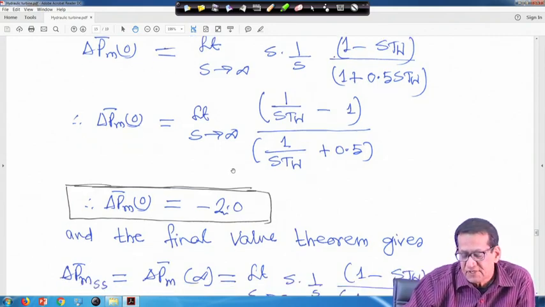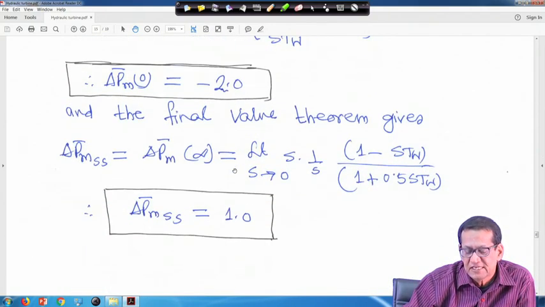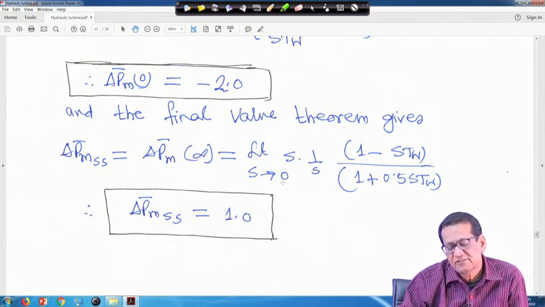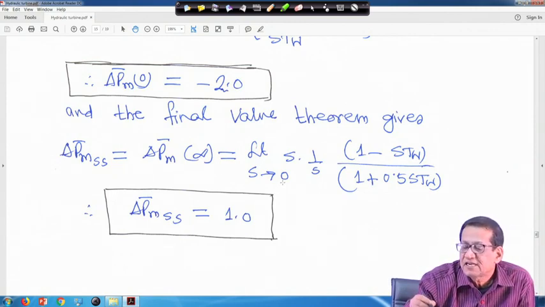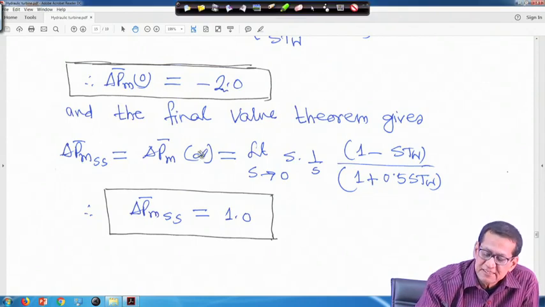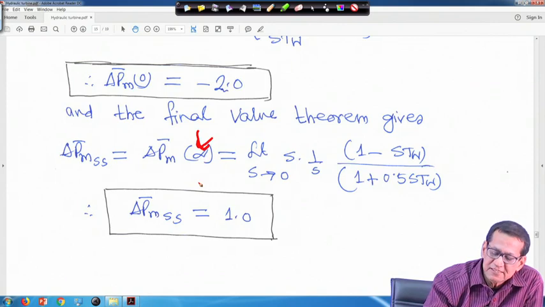And the final value theorem is that delta P m bar, that is the steady state value, is equal to delta P m bar infinity, limit S tends to 0, that is t tends to infinity, right. That is why here it is written delta P m bar infinity, the steady state value.